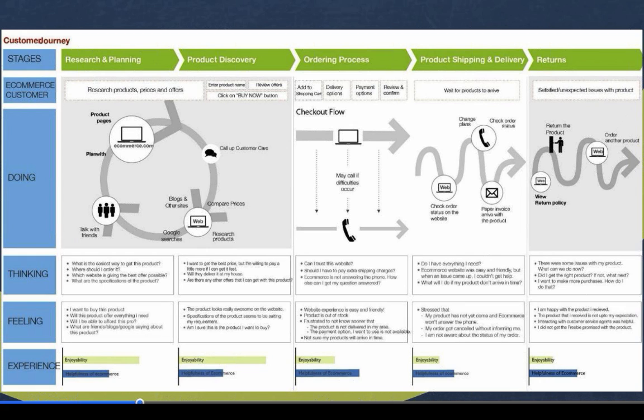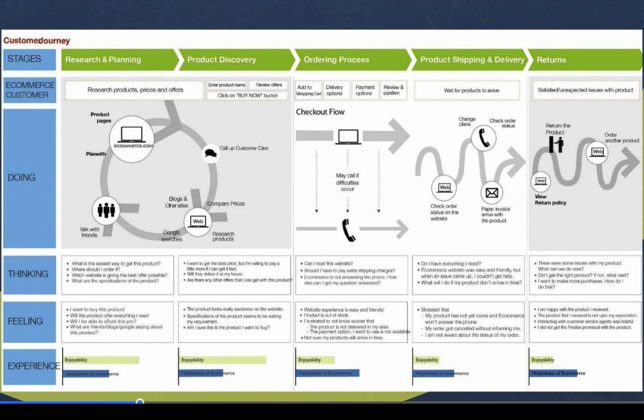Right, it's really taking it to the human level and making it customer centric. By doing a customer journey map, you gain empathy for your customer. You know where they are, where they're coming from, what they're looking for, and what their expectations are, so that you can better plan, whether it's marketing strategies, your overall organizational strategy, or how you're going to create a better product for your customer.